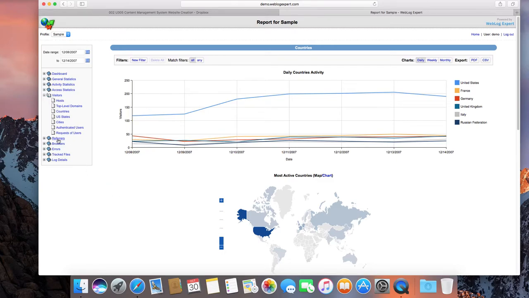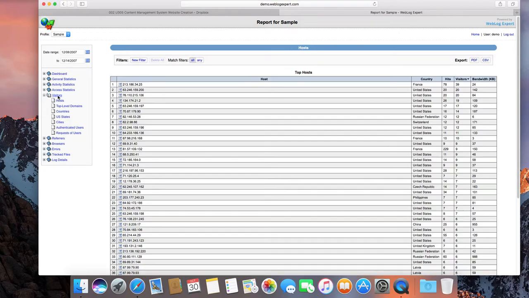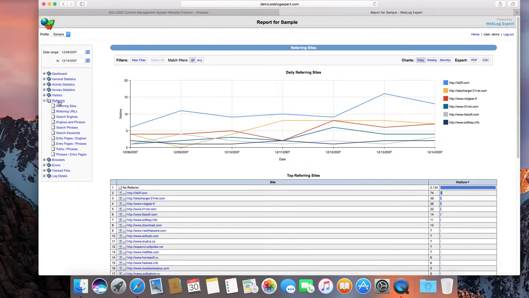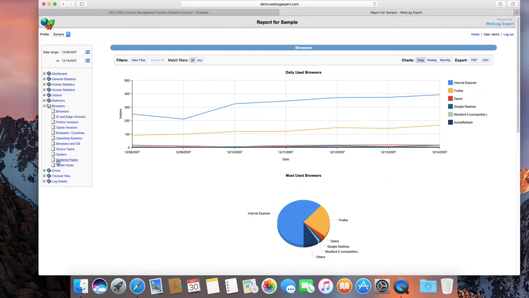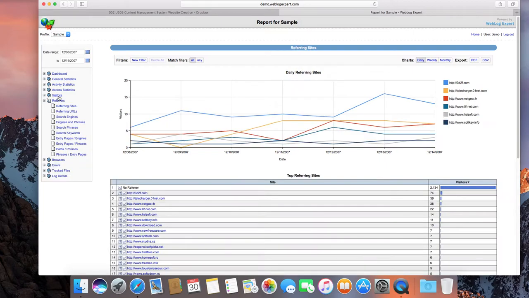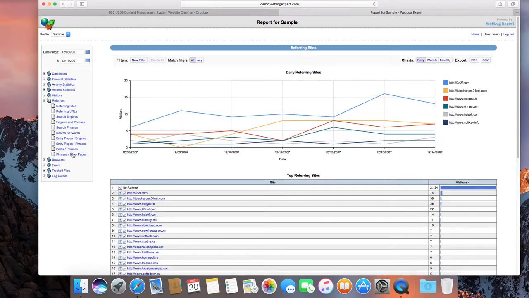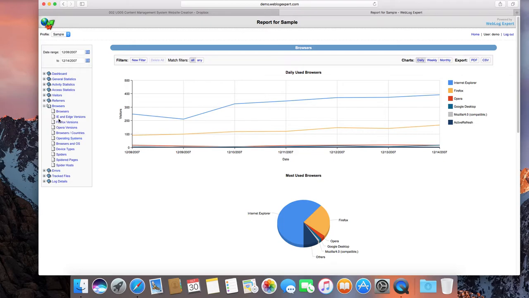Another one I was going to go to was browsers. As you can see, this is where you should all be focusing on.